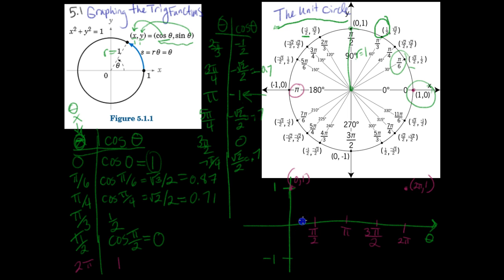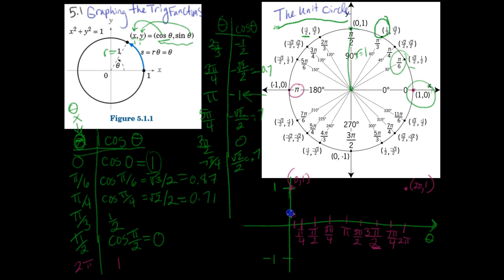And then halfway between that, that's pi over 4. Here's 3 pi over 4, 4 pi over 4, 5 pi over 4, 6 pi over 4, 7 pi over 4. I'm not even going to include the pi over 6 and the pi over 3, but does everybody understand that pi over 4 comes before you get to pi over 6?